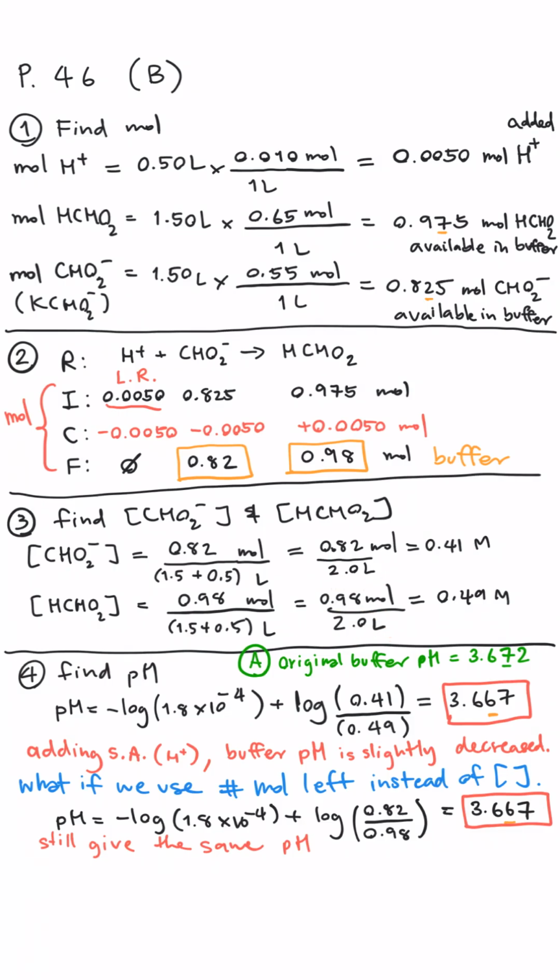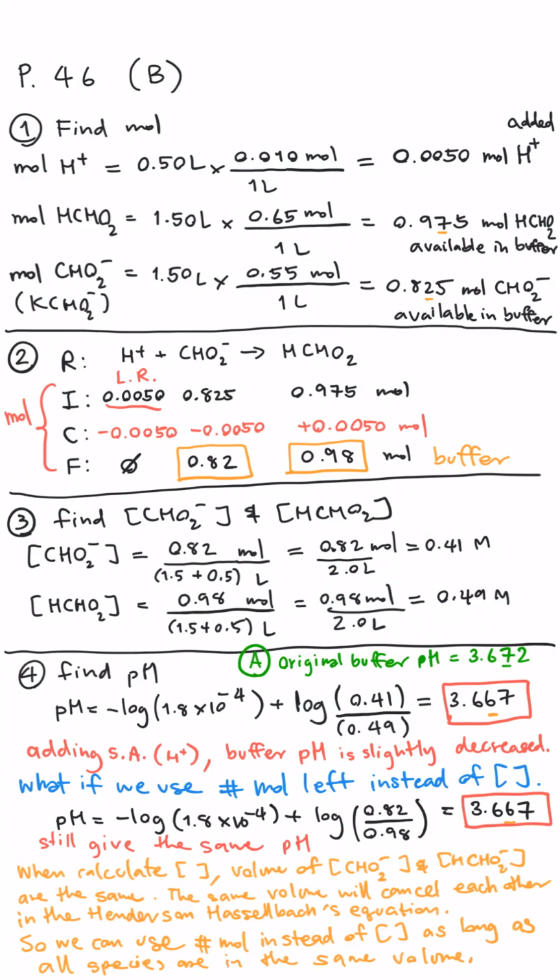And if you plug in the concentration of each of those two into Henderson-Hasselbalch, you can see that the volume will also be cancelled out. Therefore, we can use just the number of mole instead of the concentration. In conclusion, we can use number of mole instead of concentration in the Henderson-Hasselbalch equation as long as all the species are in the same volume.